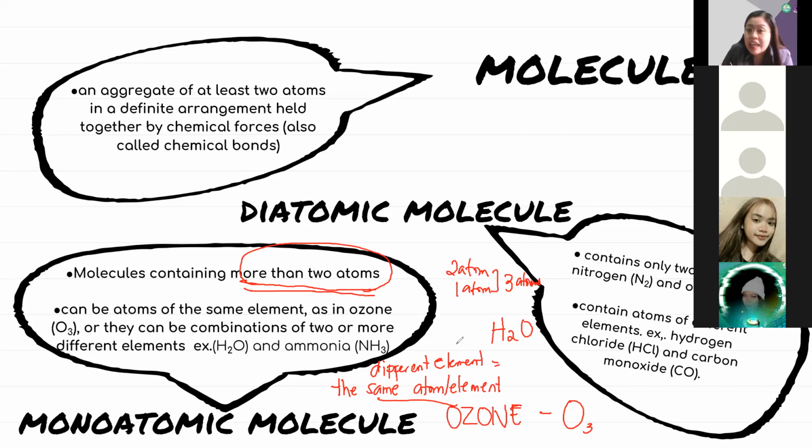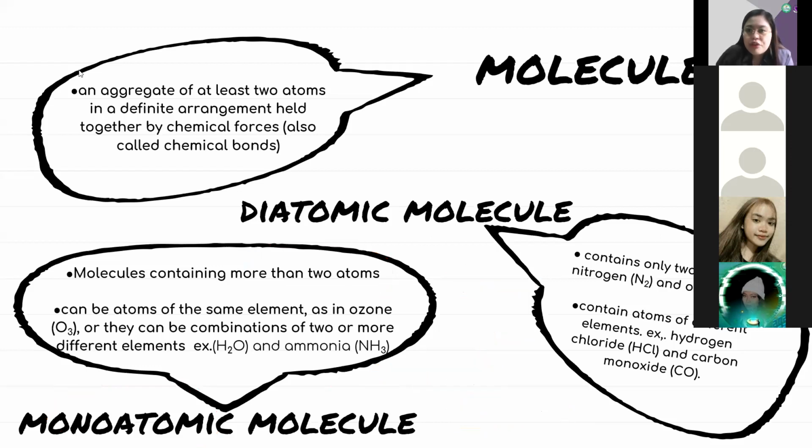Pero different elements. Kaya lang ang description kasi ng monoatomic, whether the same element or different element, as long as more than two atoms ang nag-combine, matik yan siya under sa monoatomic molecule. So I hope klaro na siya na unsay meaning anang monoatomic molecules.